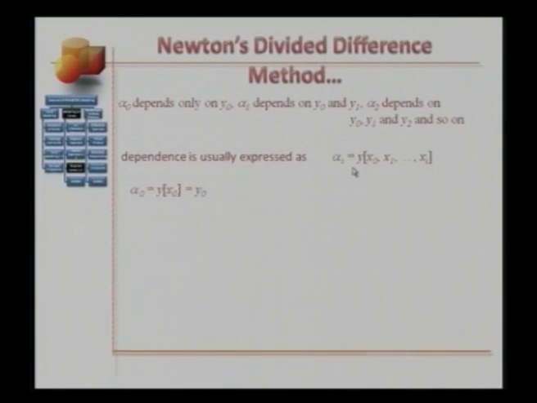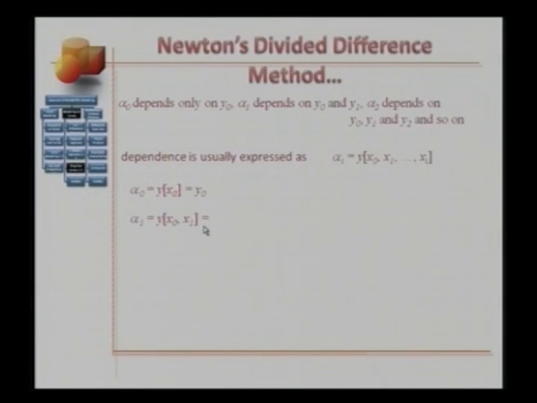So using this notation, we have alpha 0, which is equal to y within square parenthesis x0. This is equal to y0. Alpha 1 is equal to y within square parenthesis x0, x1.